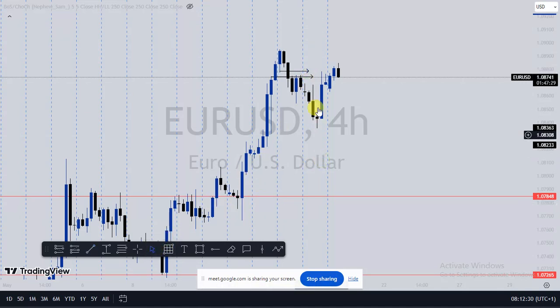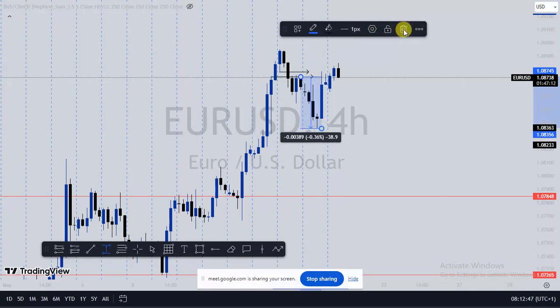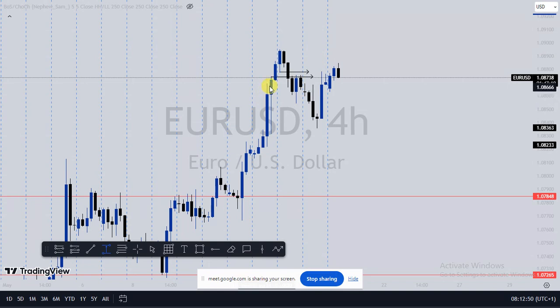So we had an inverted fair value gap, price just sniped into it, and then I think around 40 pips or thereabout, or 35 pips, just a few pips. And so we have price coming in for the normal type of fair value gap we have, which is this.